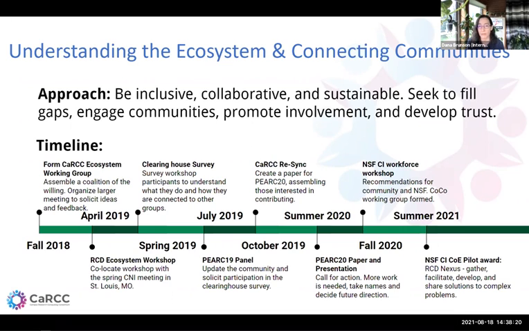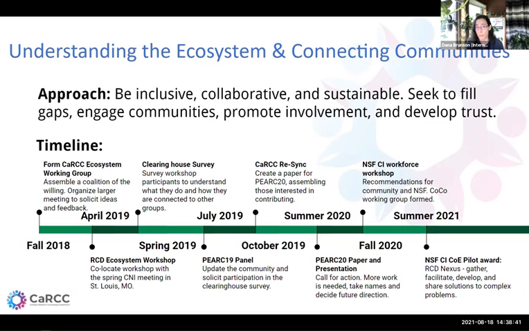And out of that working group, one subgroup came out and began working on just basically an inventory, a clearinghouse of what the organizations are, what their missions are, who they serve, things like that. We presented at Kirk and then wrote a paper for PERC 20.